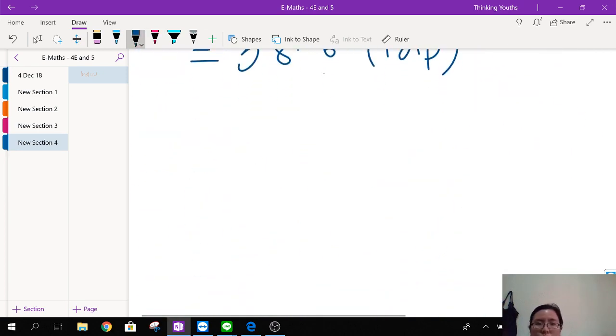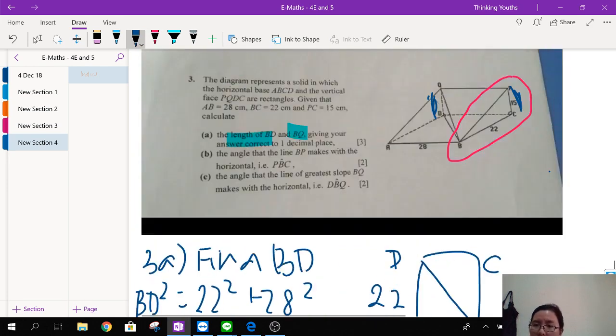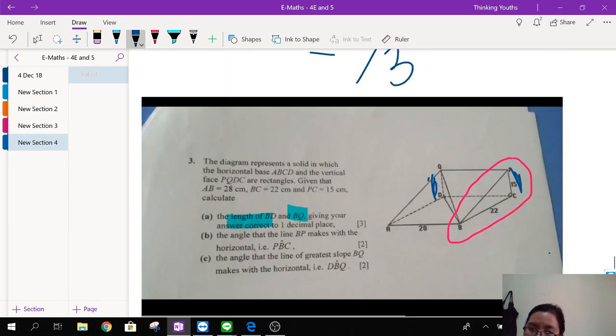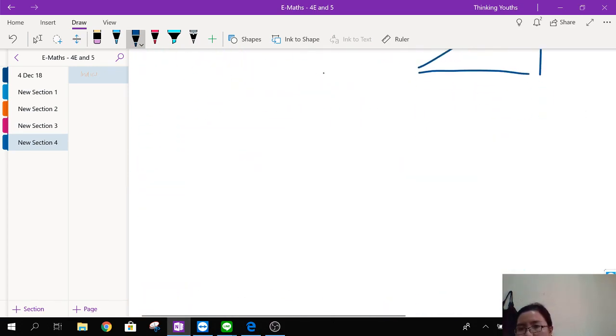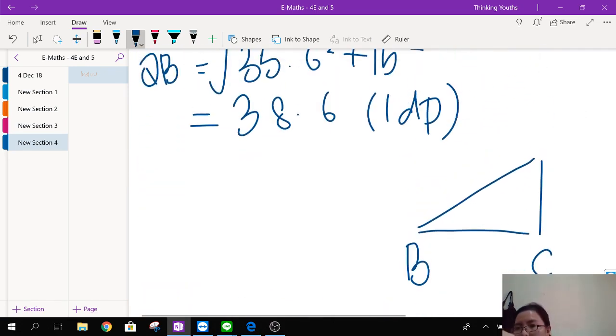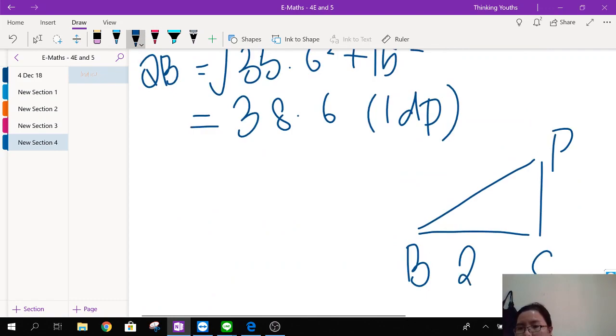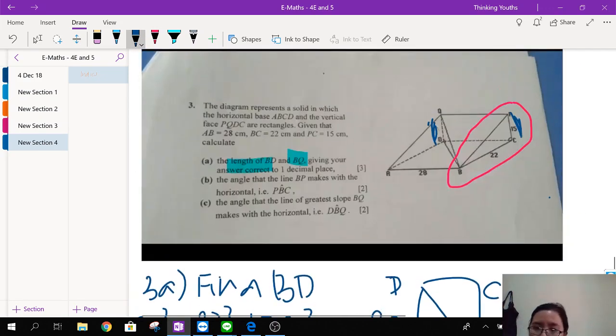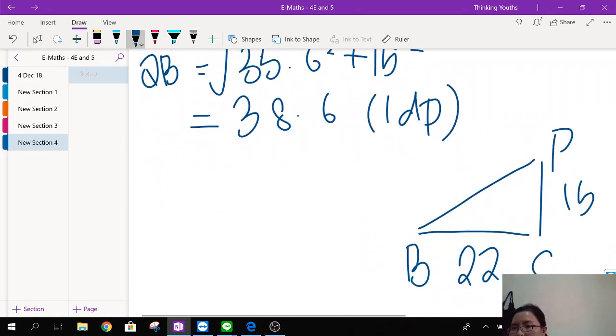BCP, with 22 and 15. So they want to know the angle here.